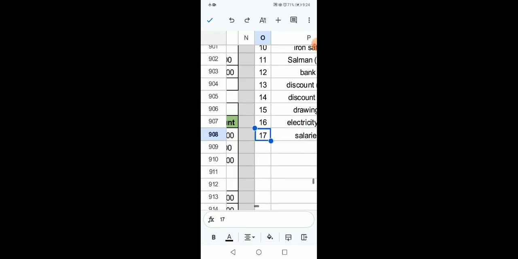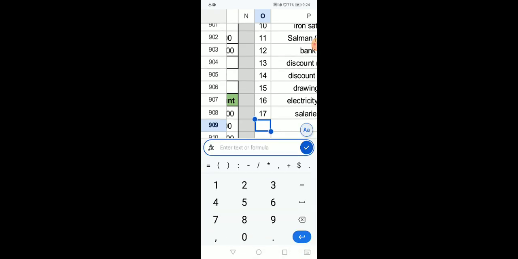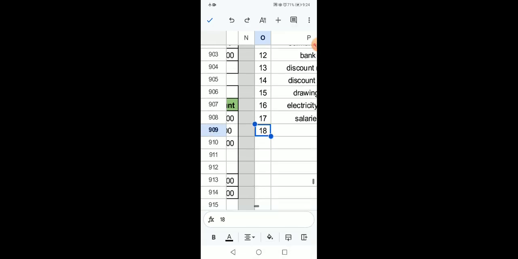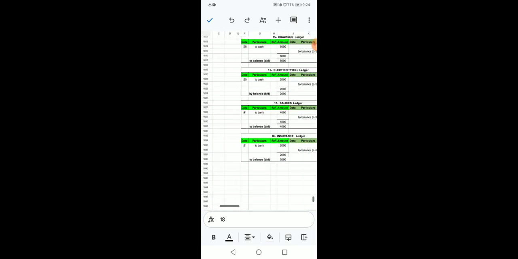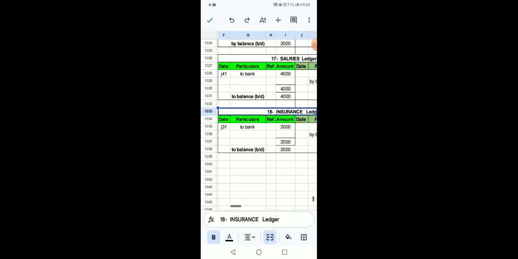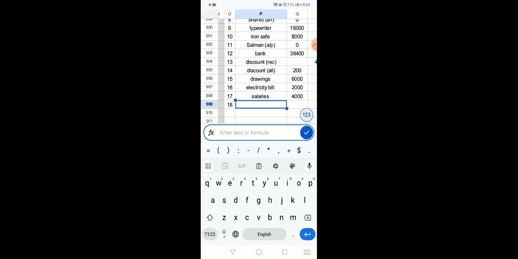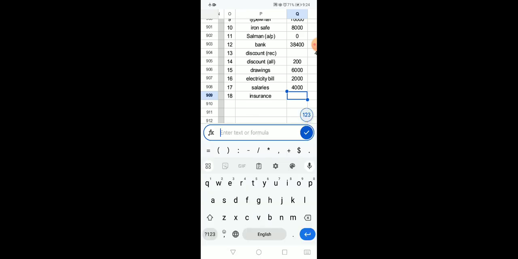The 17th ledger is completed. It's time to see the 18th ledger. First we will see the title of the 18th ledger. You can see the title of the 18th ledger is insurance. So you are going to put the title insurance in the detail column. It's time to see its balance, at which side the balance of insurance is brought down.